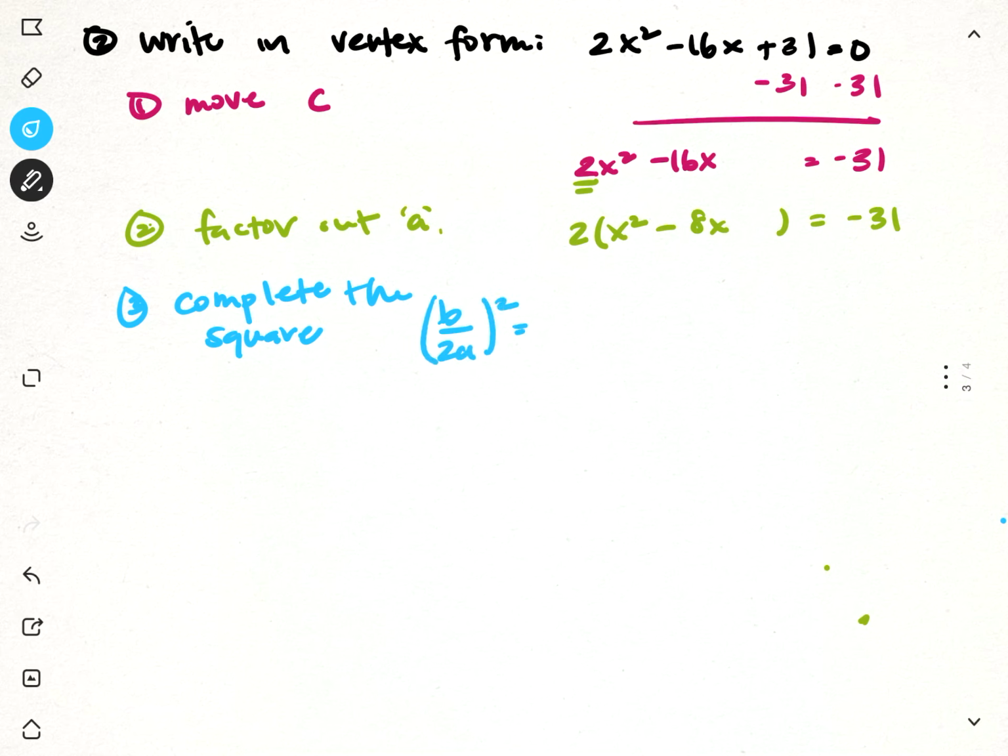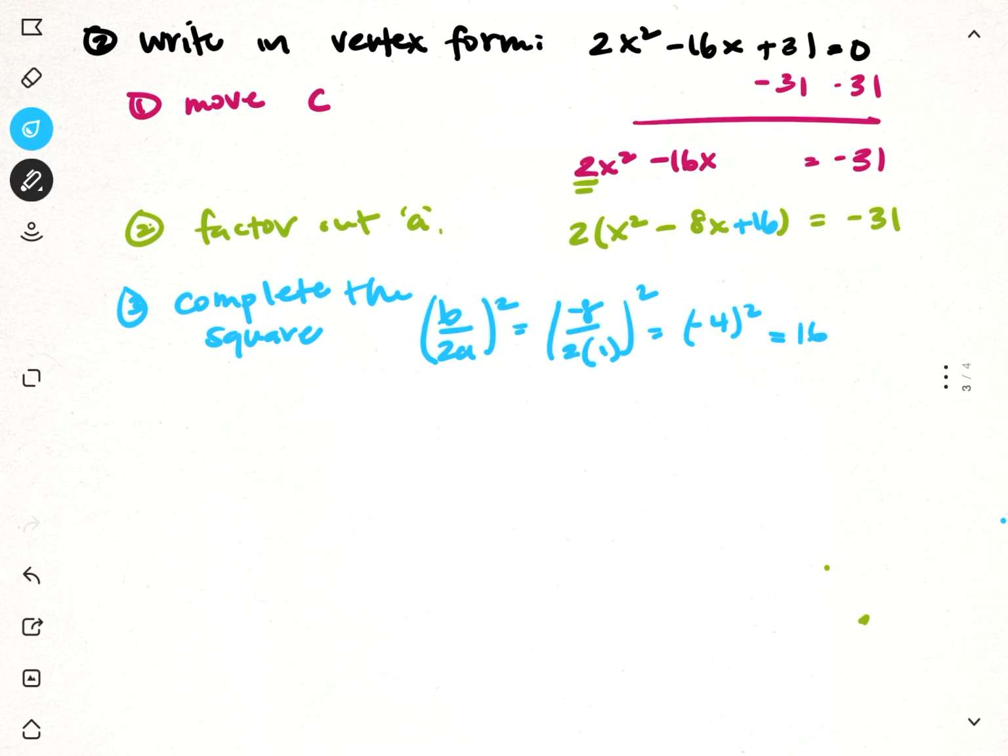So we're going to get -8 over 2 times, in this case, be careful, there's no a here, right? So it's just 1. This 2 outside is no longer the a, so we're going to just keep it as is. We're squaring it, so 8 over 2 is 4, squared, which is 16. So we're going to add 16 here.